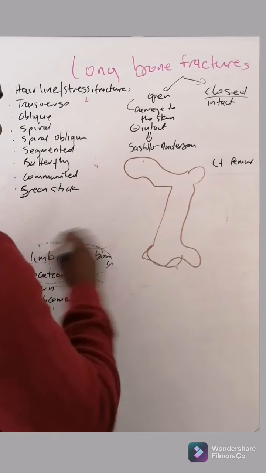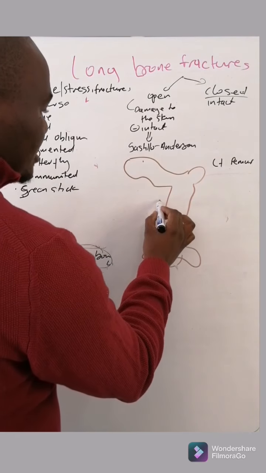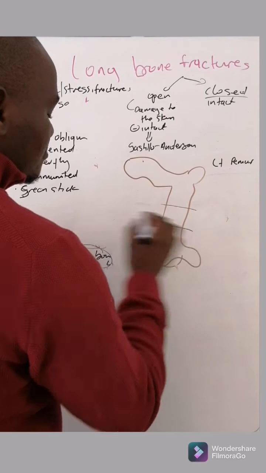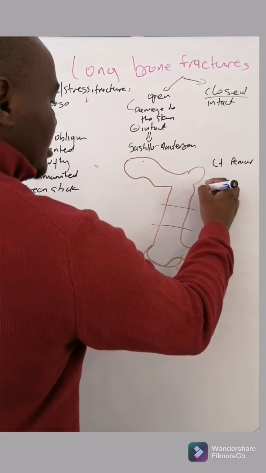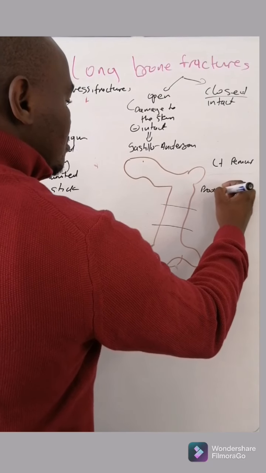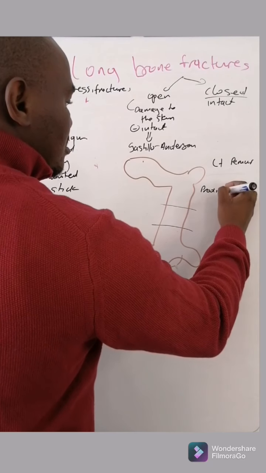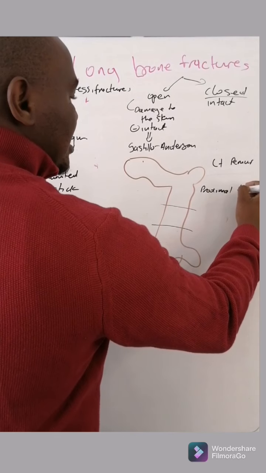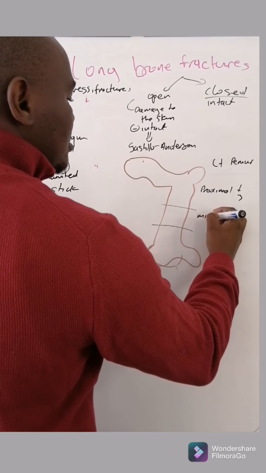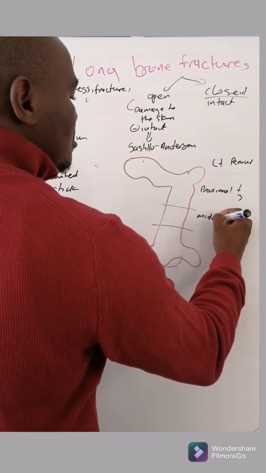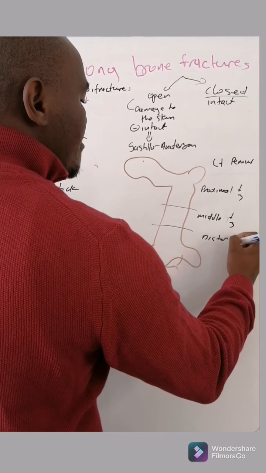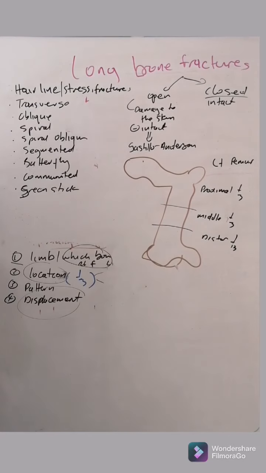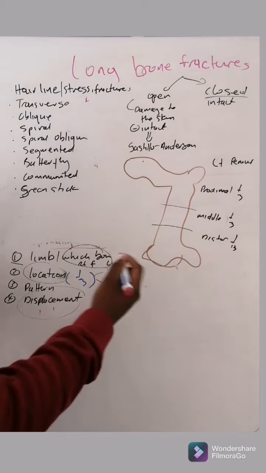Now I'm going to divide my femur into thirds. This is the proximal third, this is the middle third, and this is the distal third. So now my fracture is here.